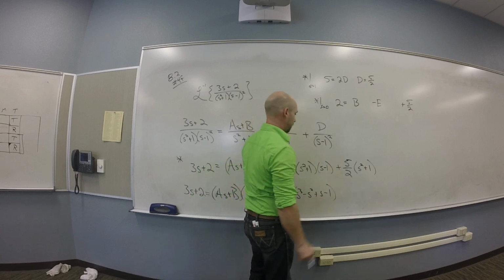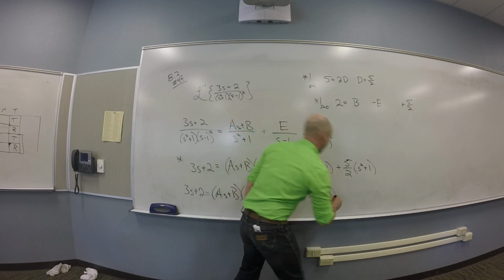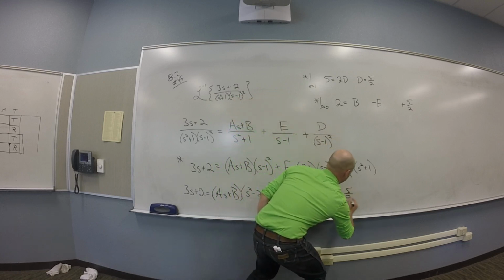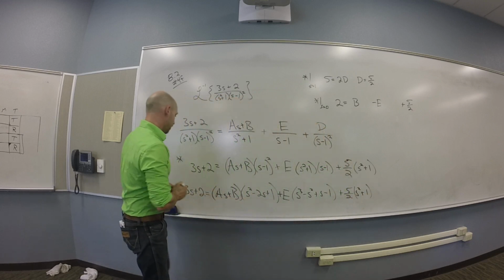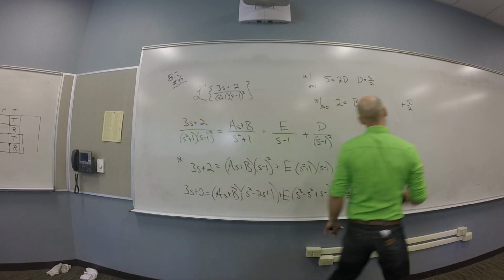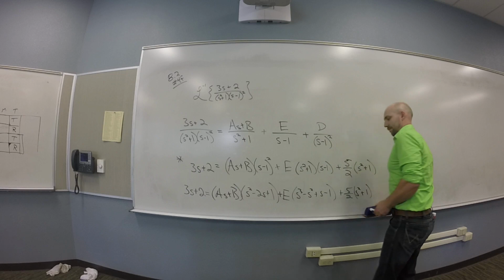And then that one's pretty easy. And I get to keep the 5 halves, right? Okay, so I do a little more. I need to FOIL that one out some more.